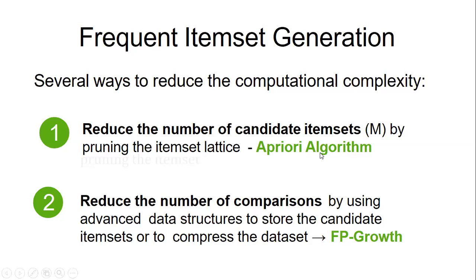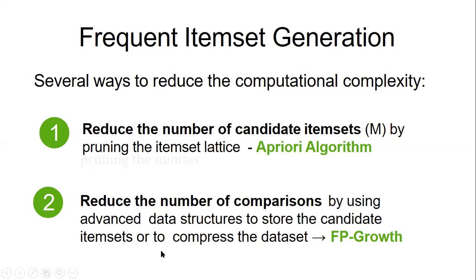But to reduce the number of comparisons, comparison means every time we compared the candidates with the support count. If you remember, in the a priori algorithm we used to scan the database to find out the support of candidate item sets C1, C2, C3, C4, and so on.